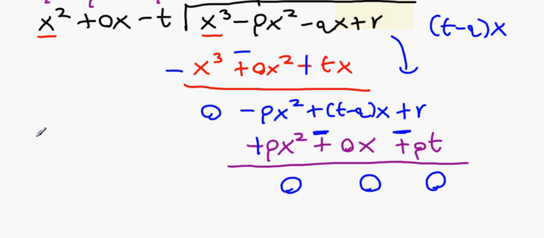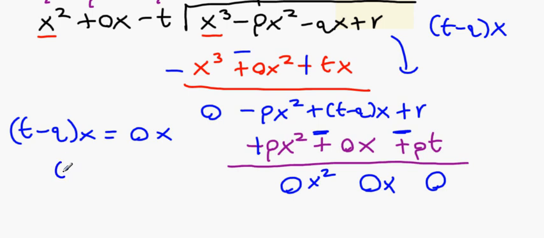So we're going to get the following equations. We're going to get t minus q times x equals 0. No x's, no x squareds, and no numbers. Okay, so that means t minus q equals 0, therefore t equals q.